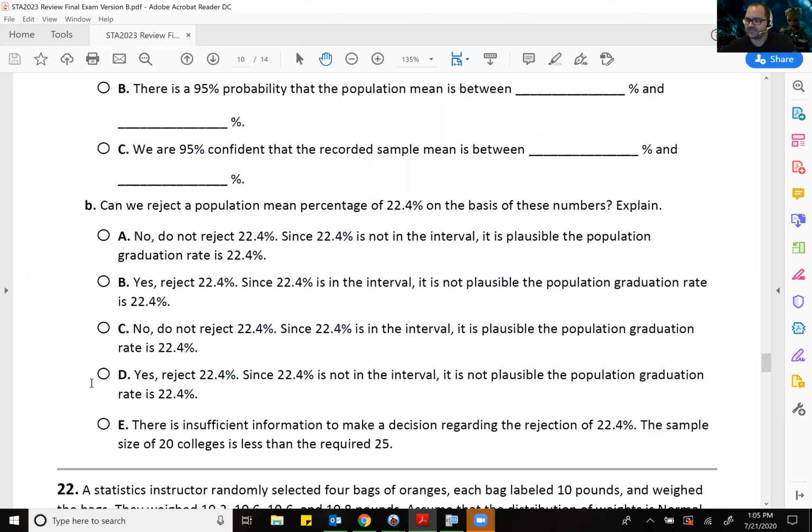It is not plausible. The population graduation rate is 22.4%. Yay.